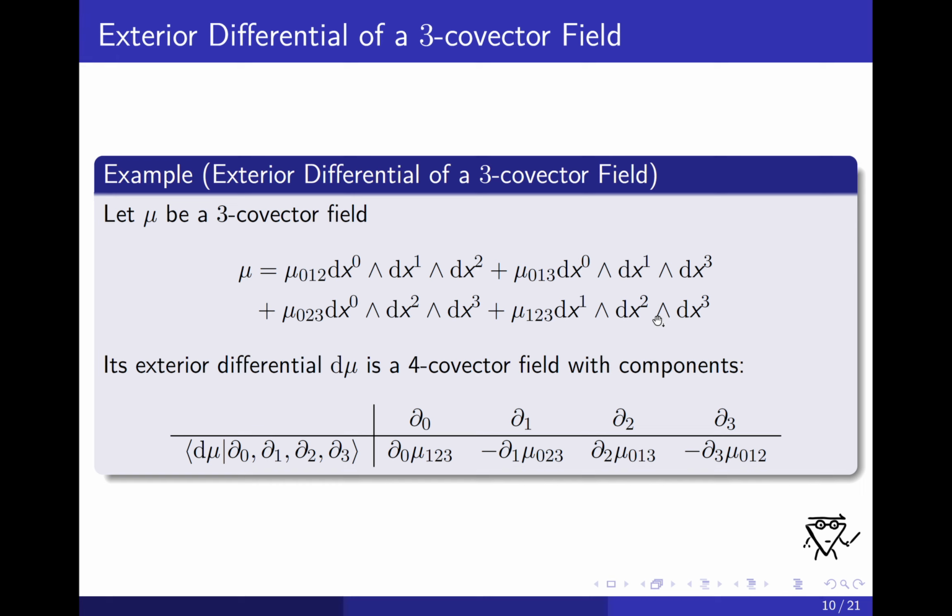This is because we don't have enough basis vectors or basis covectors. This is a 4-dimensional space, so we have coordinates x0 to x3. And if you compute the wedge product, you see that the wedge product is alternating. So if you wedge 5 of them, you will always get 0.